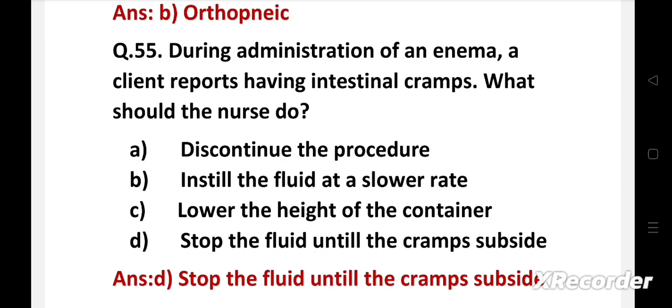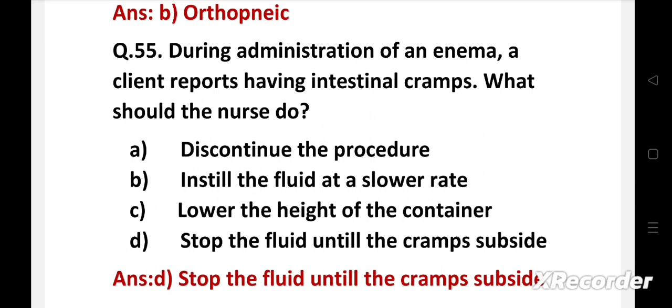Administration of additional fluid when a client reports experiencing abdominal cramps adds to discomfort because of additional pressure. By clamping the tubing a few minutes, the nurse allows the cramps to subside and the enema can be continued. Cramps are not a reason to discontinue the enema entirely.